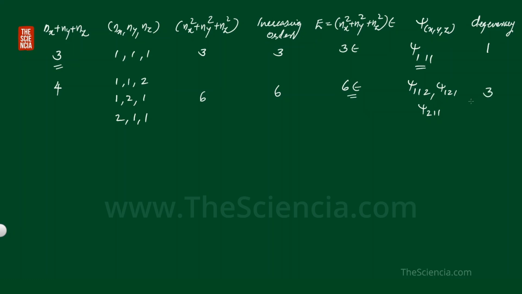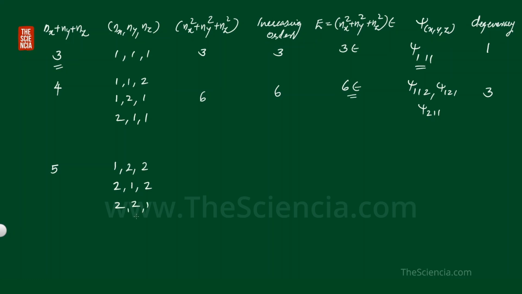Okay. Now we can consider the other combination, that is 5. How can we make 5 from the combination of nx, ny and nz? The first one is 1, 2, 2, where nx is 1, ny is 2, and nz is 2. Now we can take nx as 2, ny as 1 and nz as 2, and the other combination is 2, 2, 1.